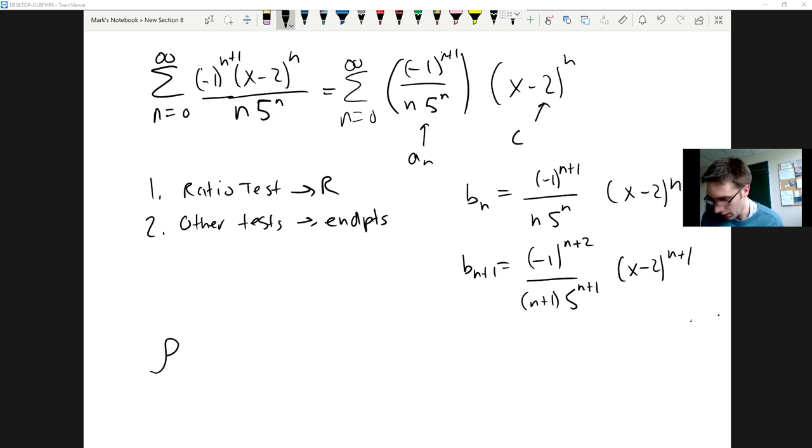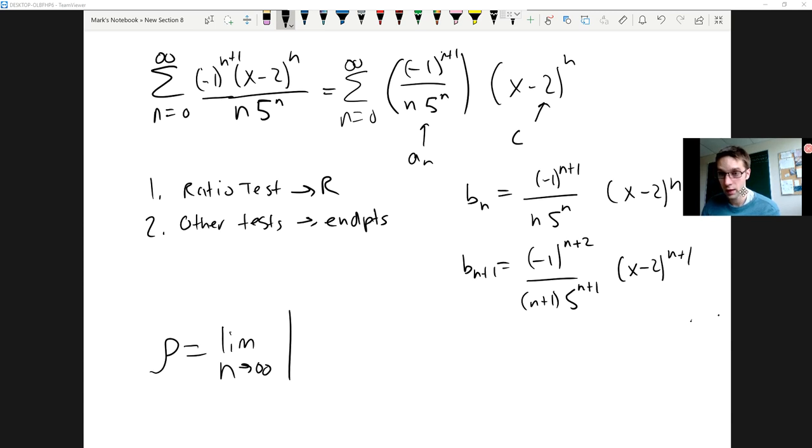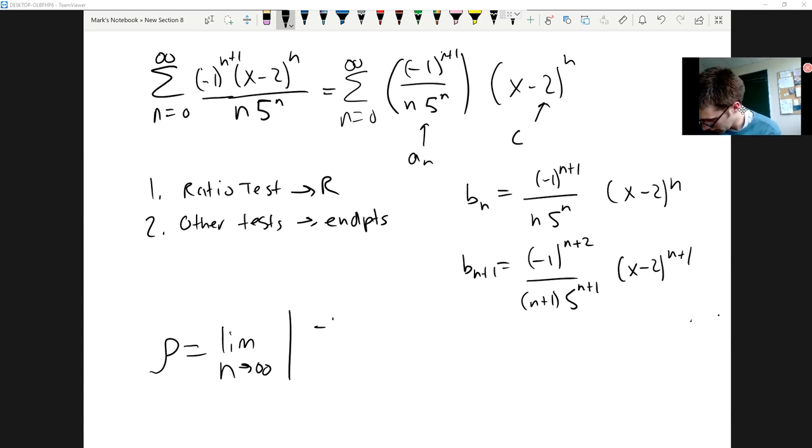And so when we apply our ratio test, the ratio is going to be the limit as n goes to infinity of the absolute value of (-1)^(n+2) all over (n+1) 5^(n+1), (x minus 2)^(n+1).